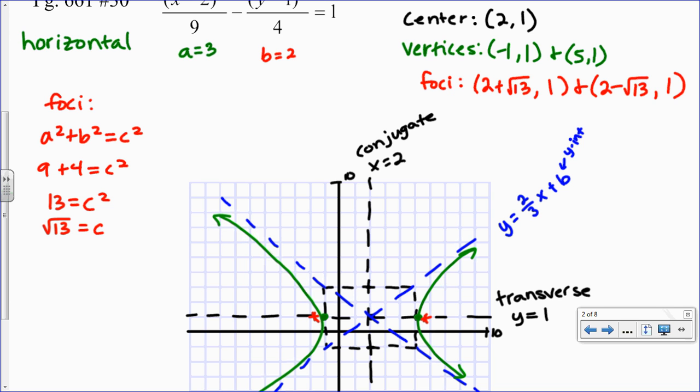Well, I know the center is on that line. So plug in the center for x and y. So the center is 2, 1. So 1 is y, 2 is x, and I'm solving for b. So I'm trying to figure out where that y-intercept is.